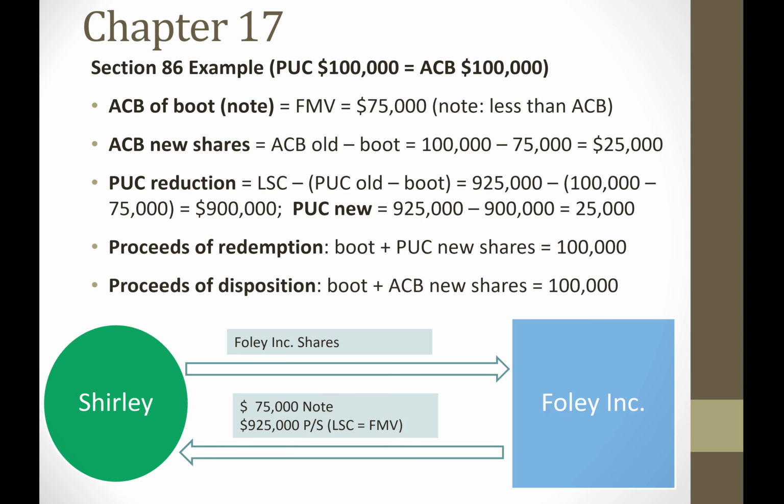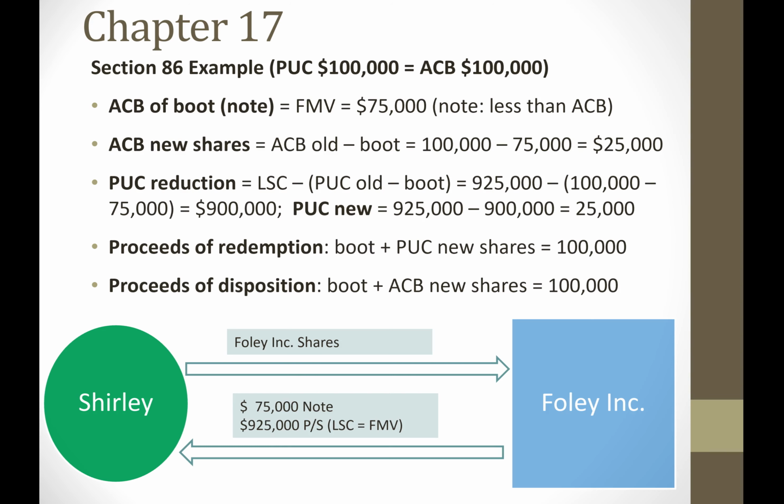And then the proceeds of disposition, boot, 75,000 plus ACB of the new shares, 25,000. The proceeds are going to equal 100,000. Now, because the common shares that Shirley gave up had a PUC and ACB equal to 100,000, there's going to be no deemed dividend, there's going to be no capital gain, no immediate tax consequences.